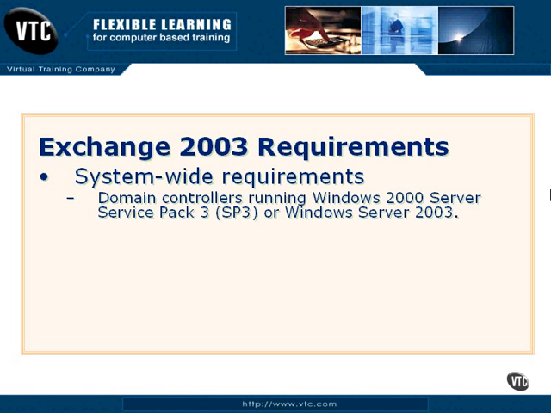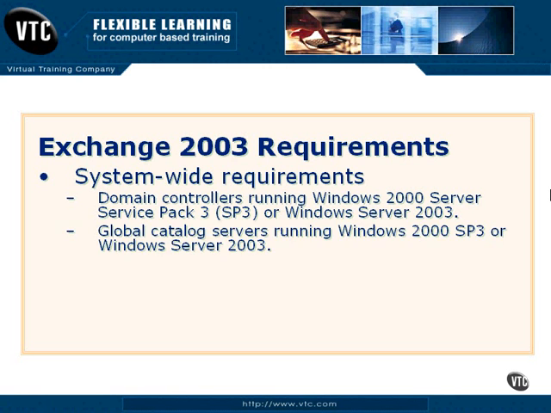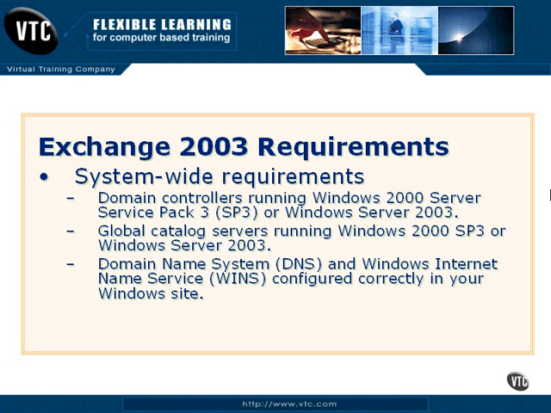or Windows Server 2003. Understand, you can load Exchange 2003 on Windows 2000 Server with Service Pack 3, but you don't get all the bells and whistles until you load Exchange 2003 on Windows Server 2003. Now, your global catalog servers need to be running Windows 2000 Service Pack 3 or Windows Server 2003.